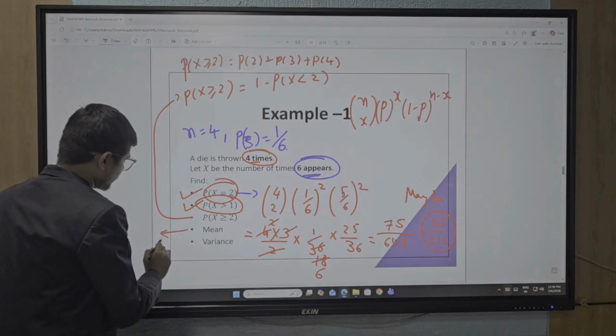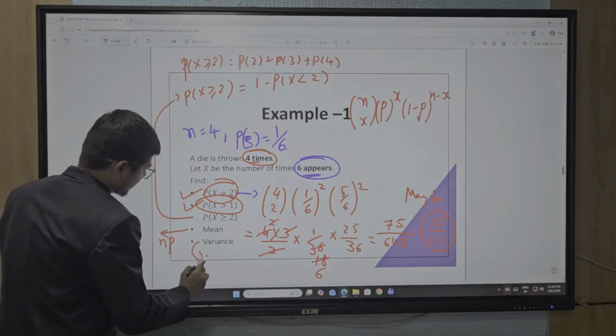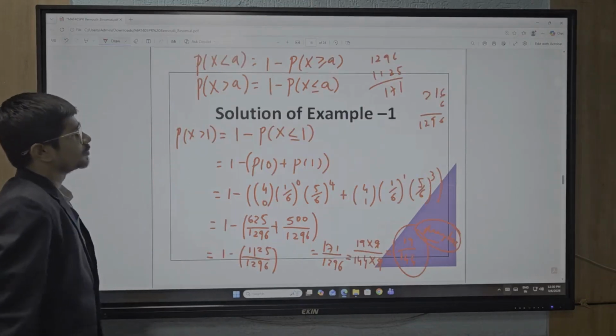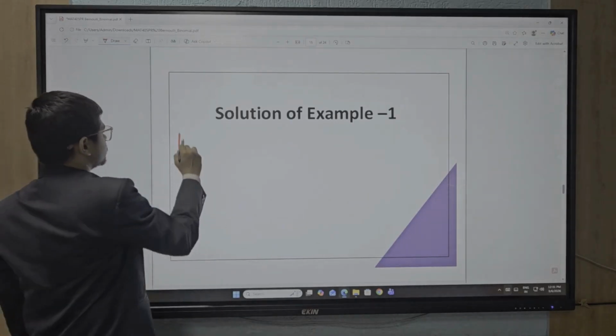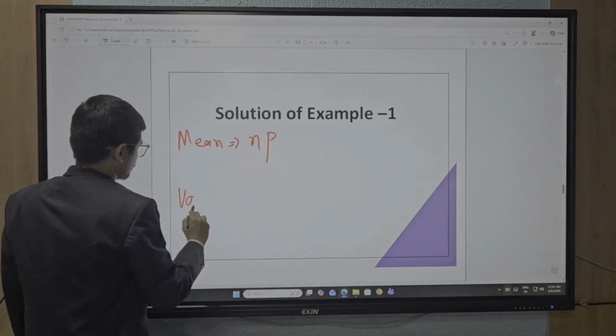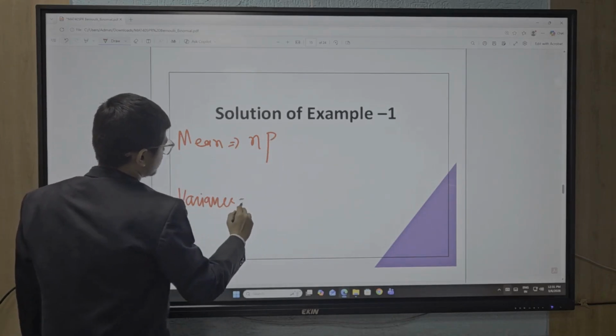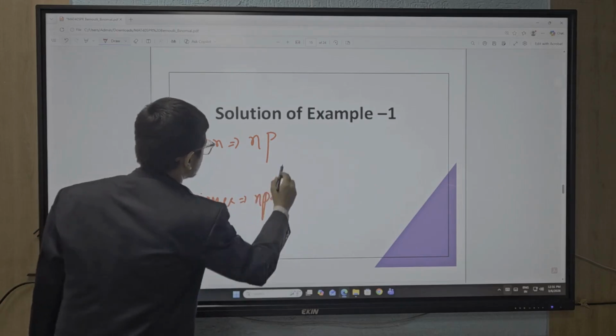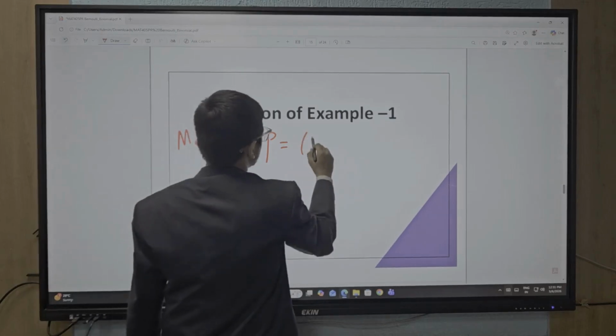So what are the mean and variance? Mean is NP and variance is NPQ. So N means 4.